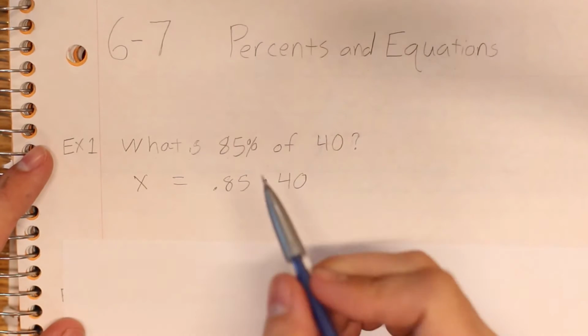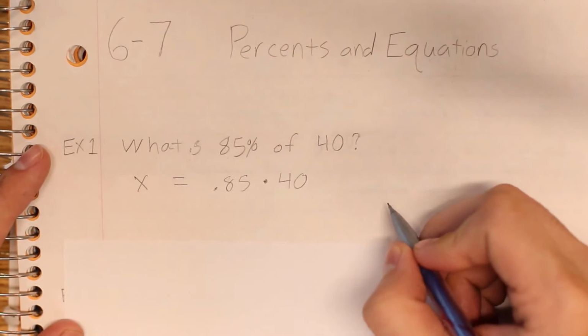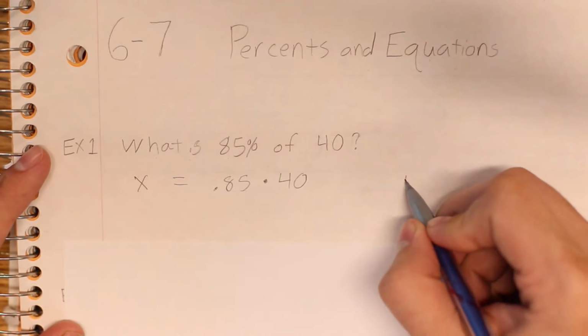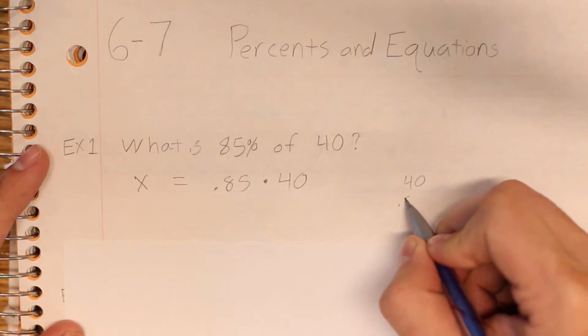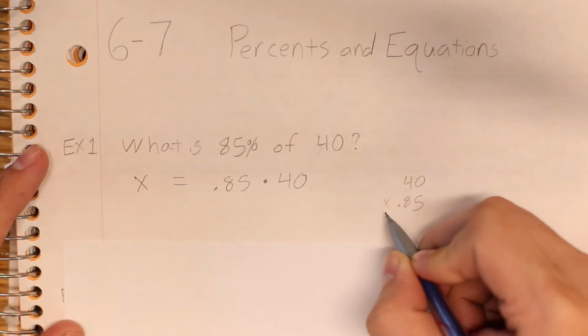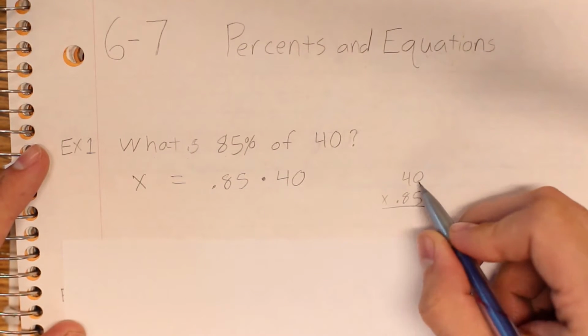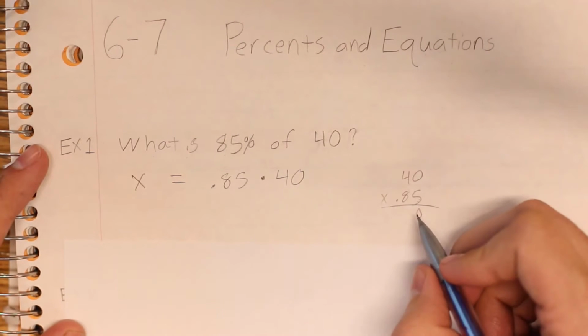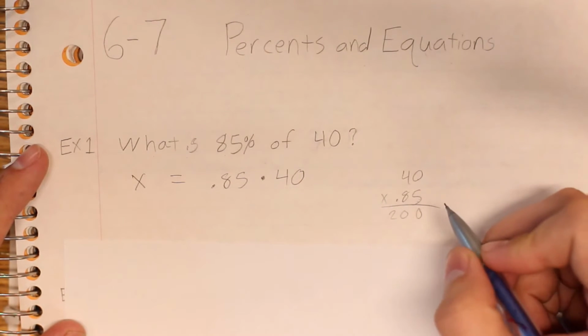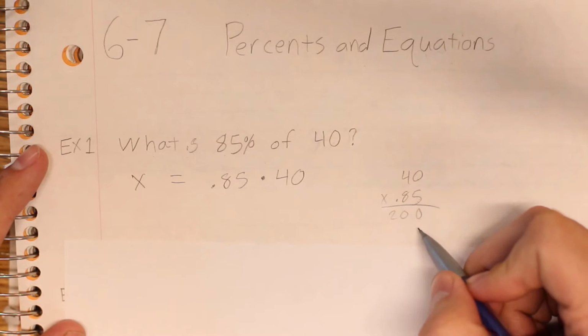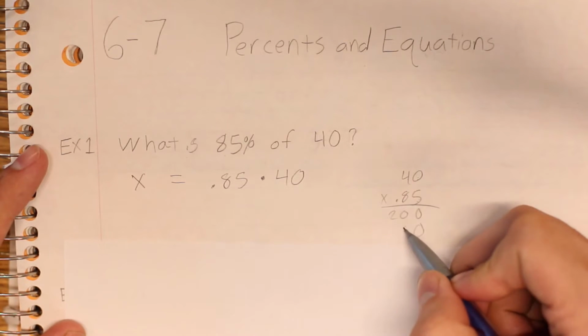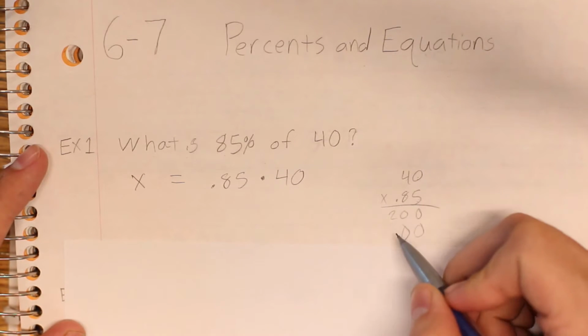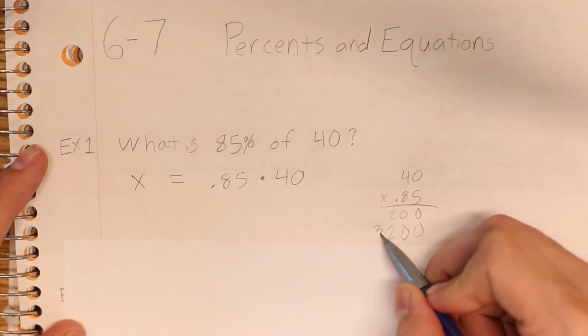So if we multiply, I'm going to do my scratch work over here. We have 40 and 0.85. We're multiplying. So 5 times 0 is 0, 5 times 4 is 20, so I end up with 200. And then I put my other 0 here. 8 times 4, we get 32.